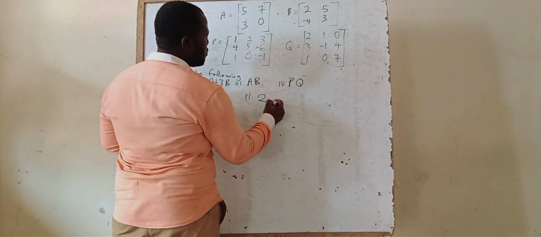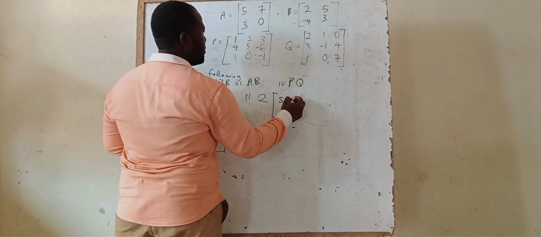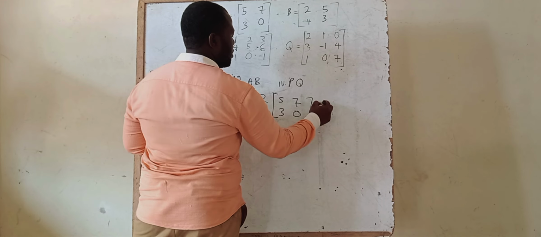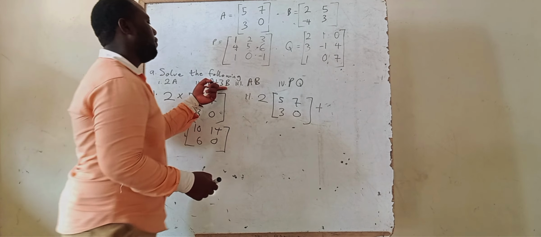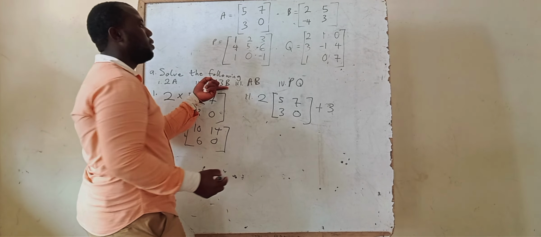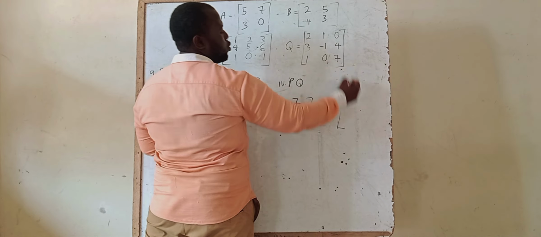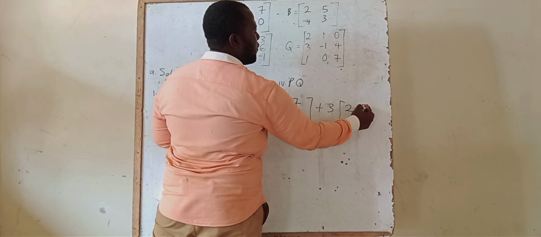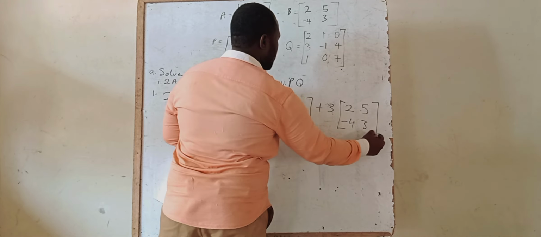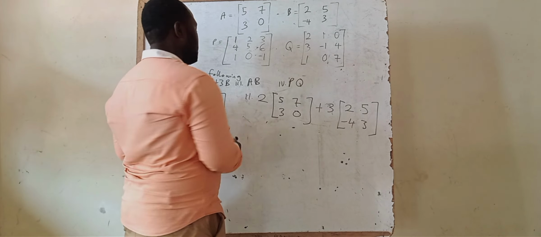We have 2 multiplies A, 5, 7, 3, 0, plus we have 3 multiplies B. B is 2, 5, -4, 3. Let's simplify. So we perform multiplication before addition.